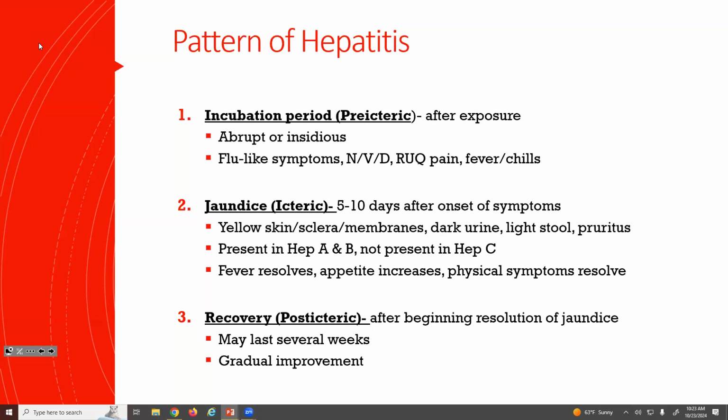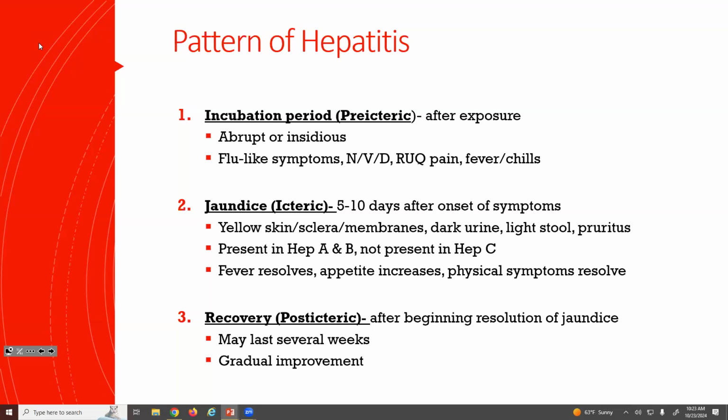The fever will eventually resolve, appetite will increase, and the physical symptoms will start to resolve, but we do see the jaundice. Okay. And then we're going to go into a recovery phase, or the post-icteric, beginning after the jaundice has resolved. Okay. So the function of our liver is starting to resolve at this point, right?